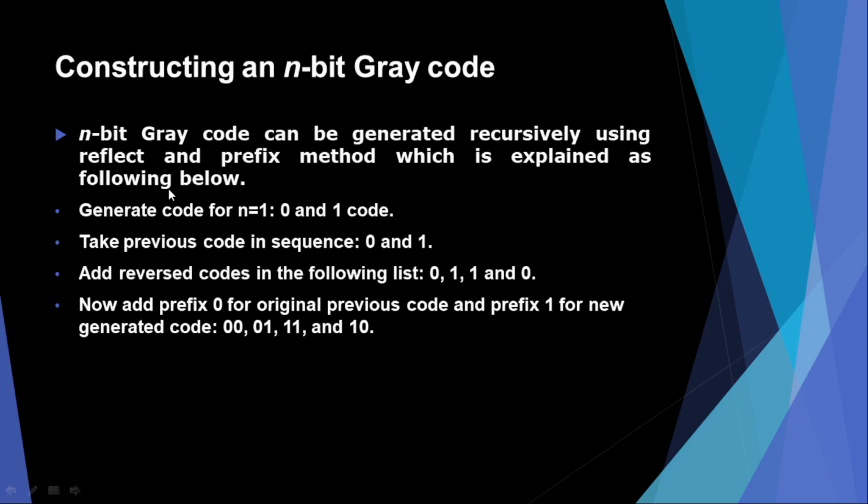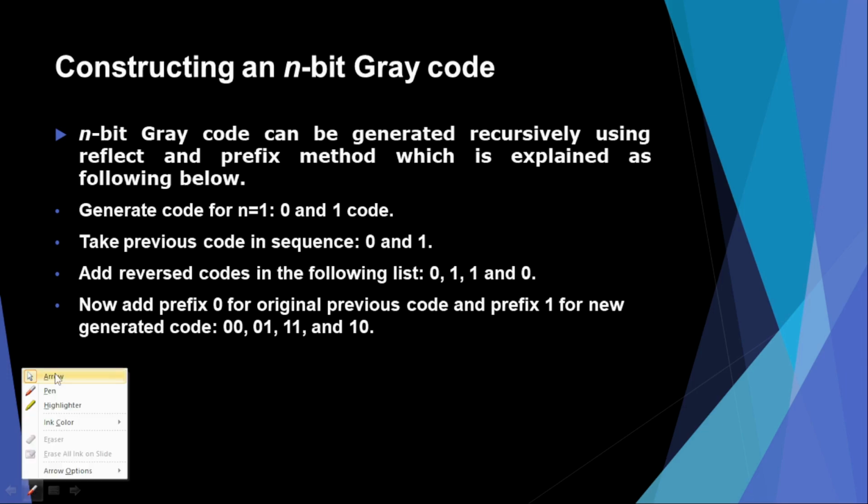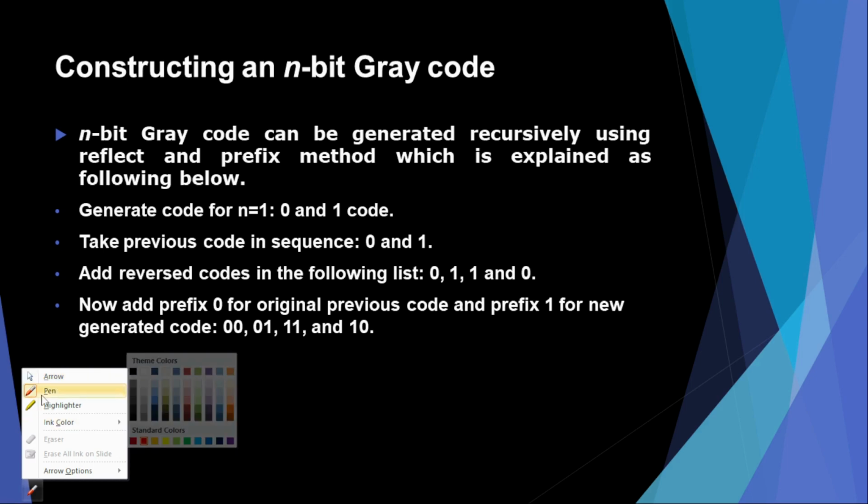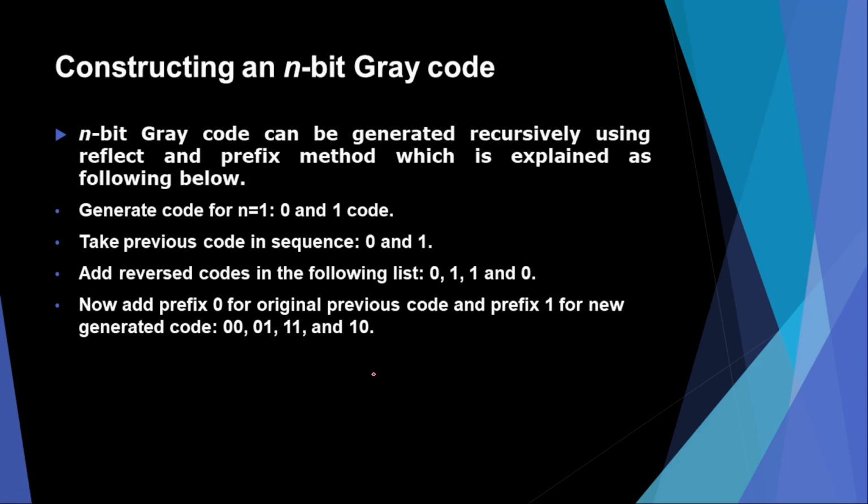Here I will explain the steps to generate the gray code. Gray code is generated by using the power of n value. If n is equal to 1, you get two values.